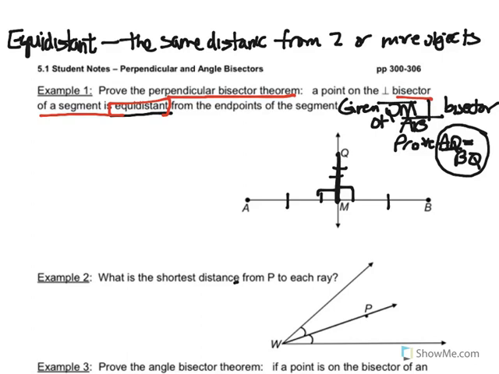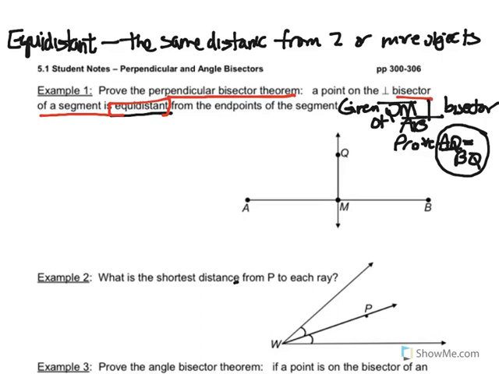So if I were to draw some auxiliary lines right here, we can prove that these two triangles are congruent. And then once we've done that, we can prove that these two lines are congruent by CPCTC, and then we can prove that they are equidistant from one another. So let's do the whole proof together.